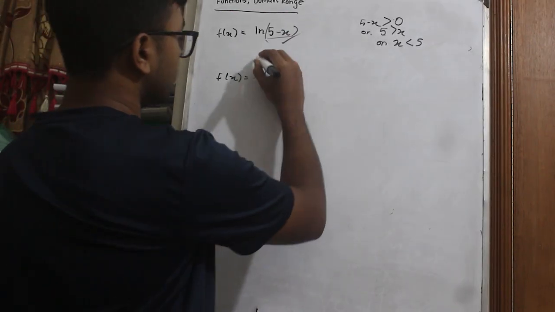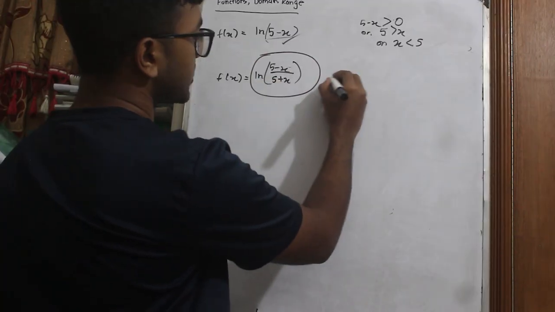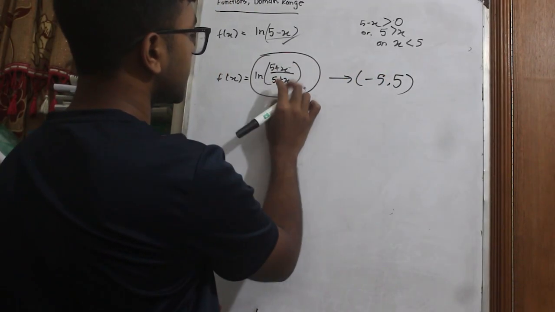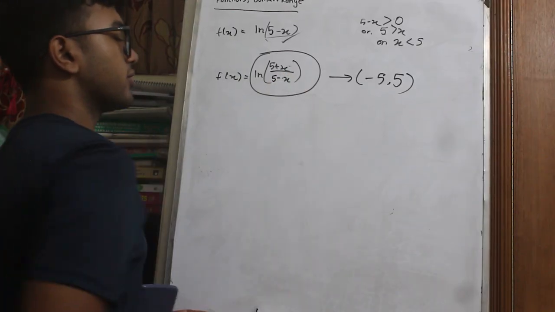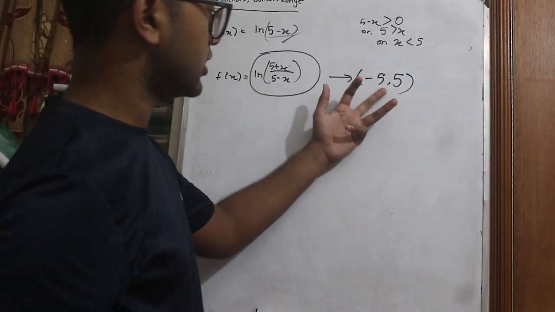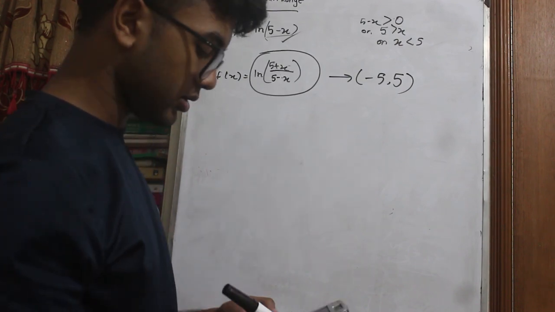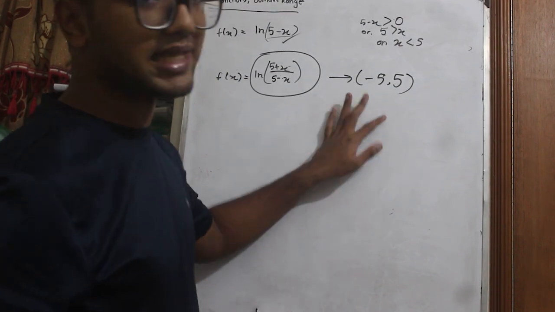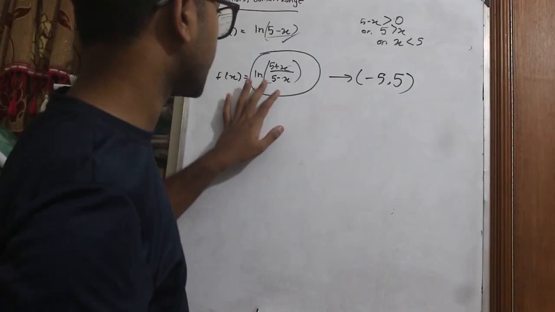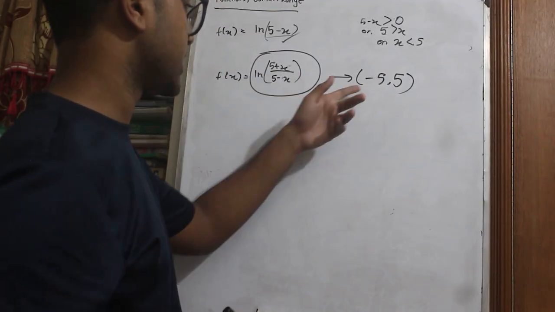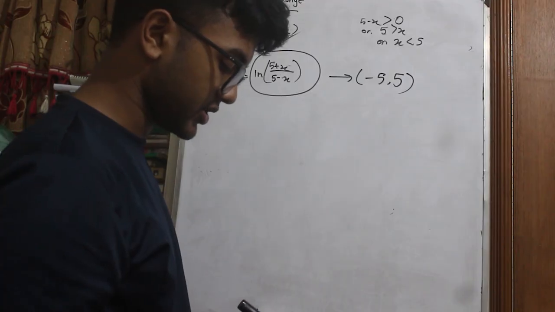The domain of this is always from minus 5 to 5, regardless of whether the plus is in the denominator or the numerator. You can test whether the endpoints are excluded just by putting the values of minus 5 and 5 in the given expression.